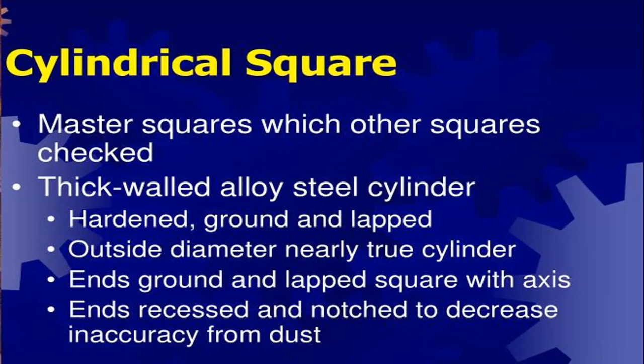So basically these cylindrical squares are lapped and have outside diameters of the cylindrical type. So that is the cylinder square, which has a thick walled alloy steel cylinder.